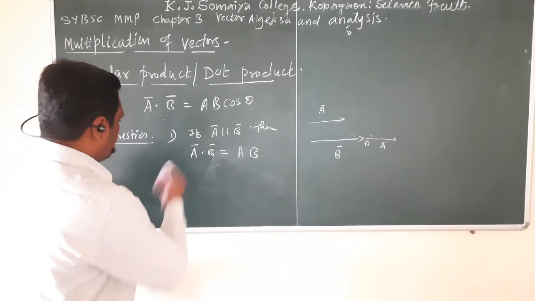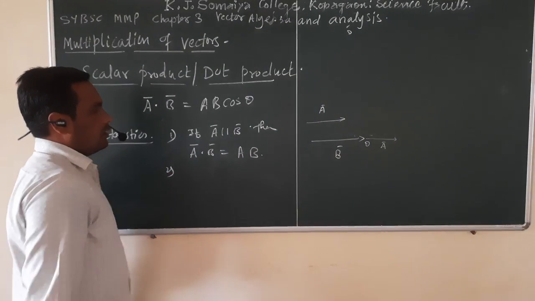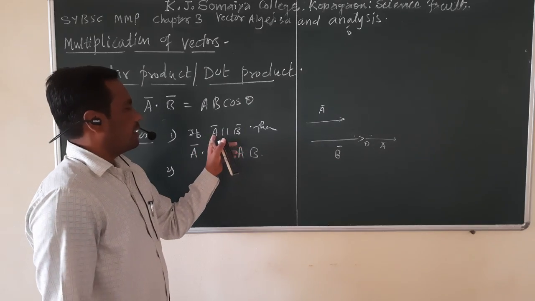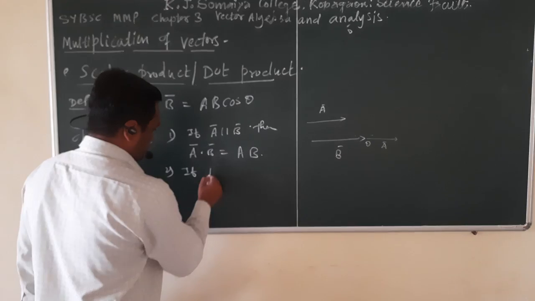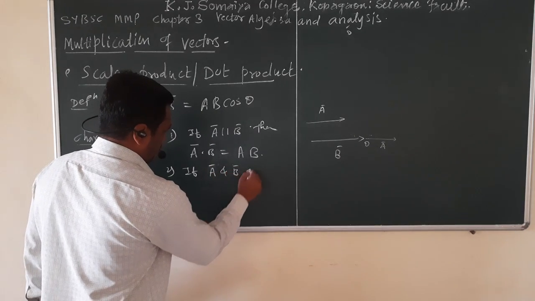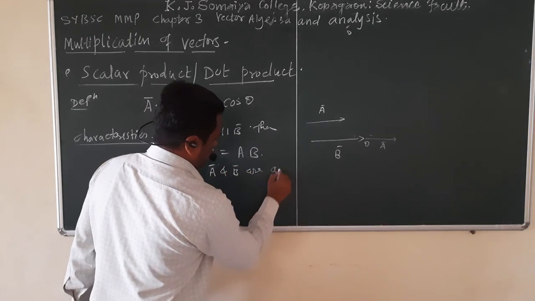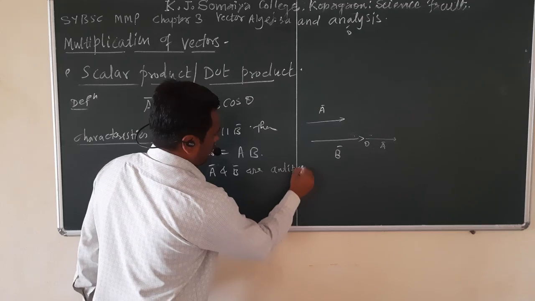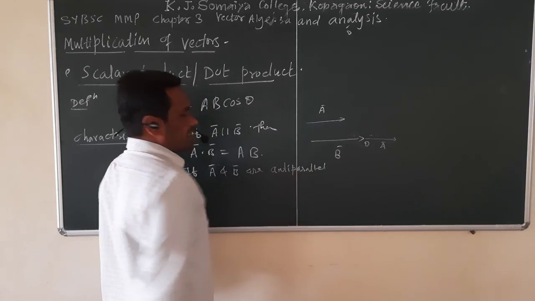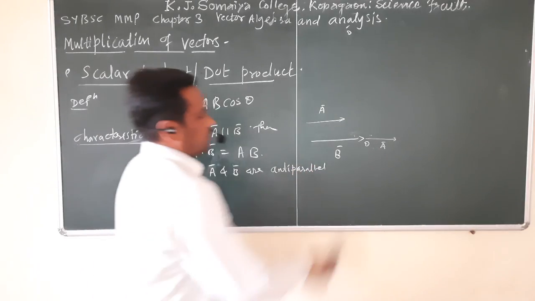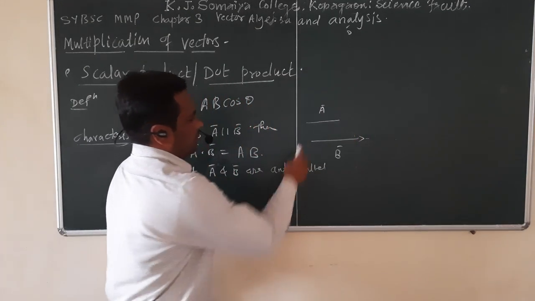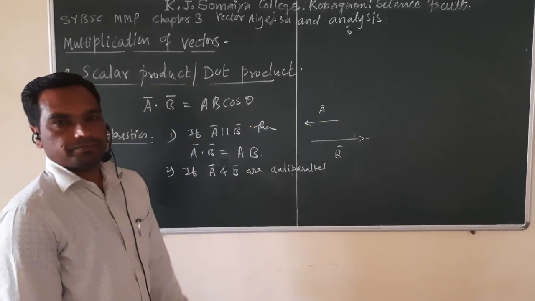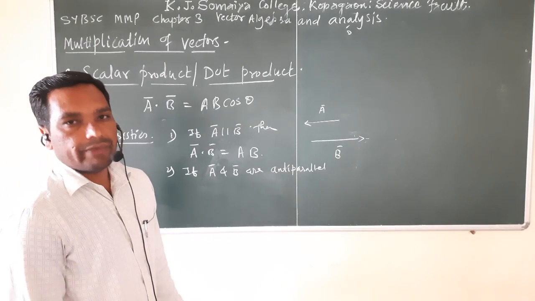Second characteristic: if vector A is anti-parallel to vector B. What is meant by anti-parallel? Suppose vector A and B have opposite directions, unlike vectors.